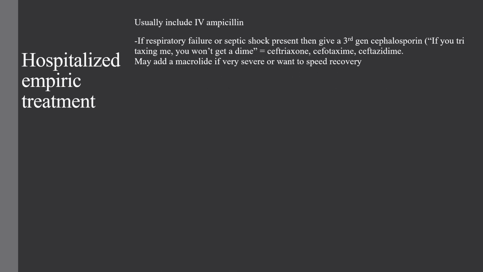Okay, so hospitalized empiric treatment. Usually this includes IV ampicillin. If there is respiratory failure or septic shock, then you want to give a third generation cephalosporin. If you remember the mnemonic, if you try taxing me, you won't get a dime. So that's your ceftriaxone, cefotaxime, and your ceftazidime.